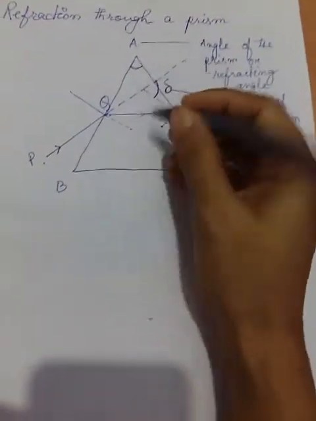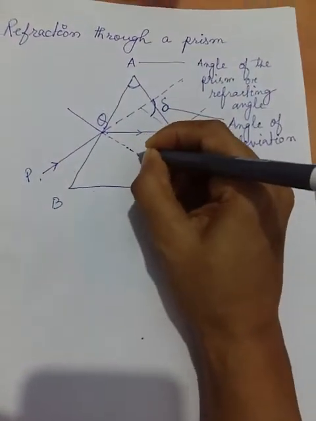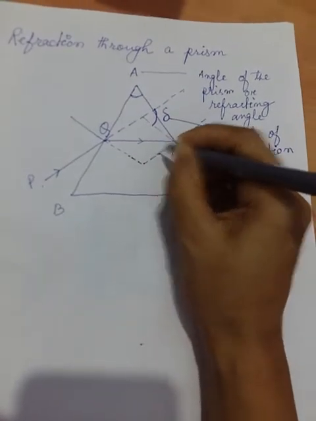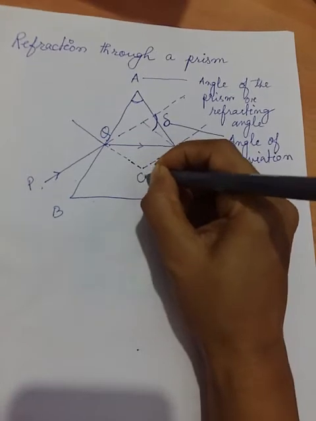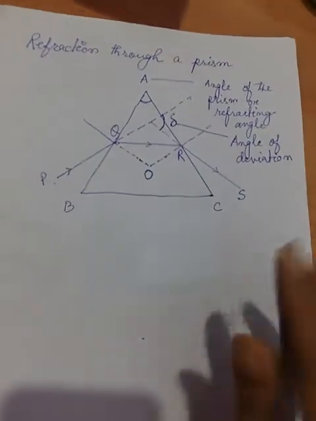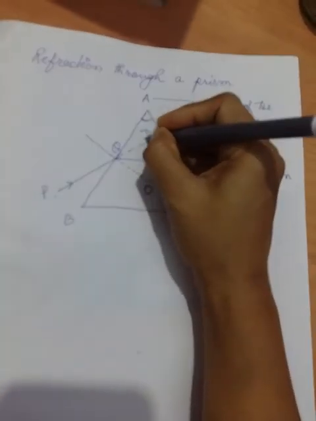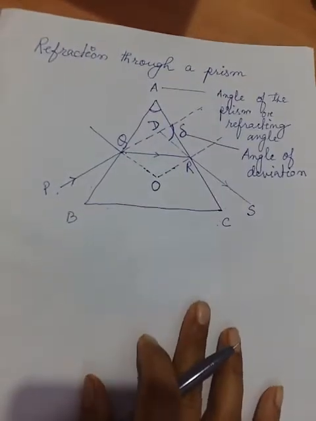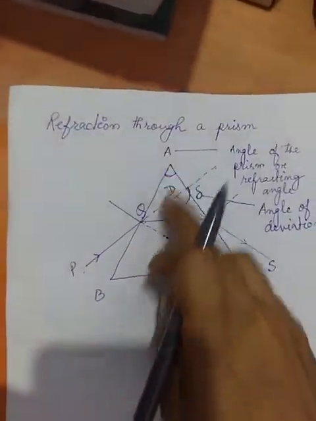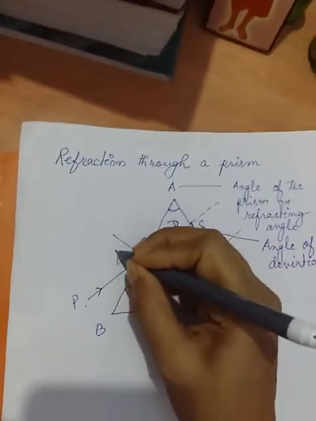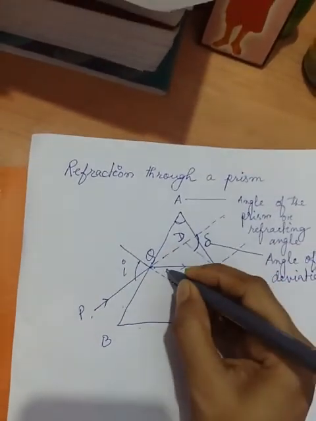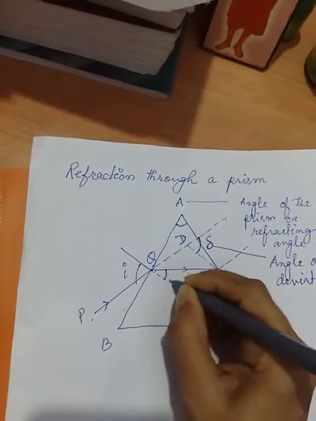Now we extend these two normals and suppose they intersect at the point O. For the first refracting surface, this one is your angle of incidence and this one is your angle of refraction.